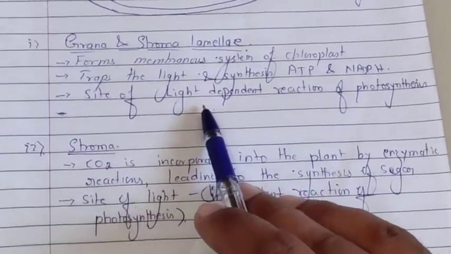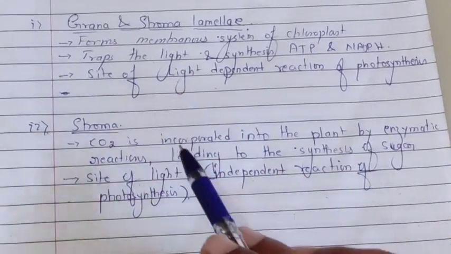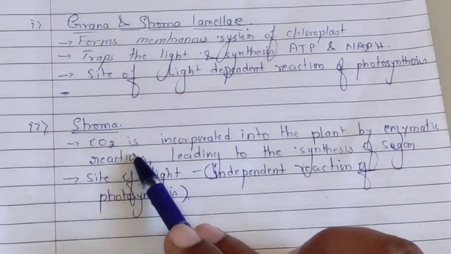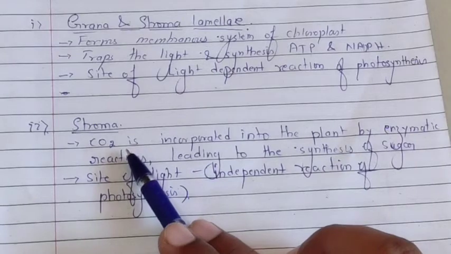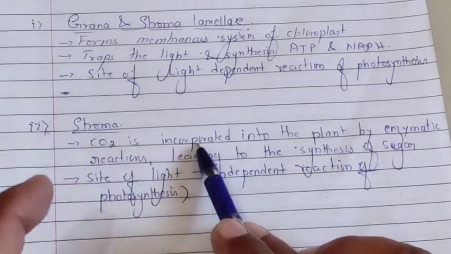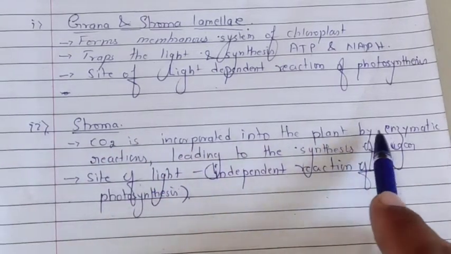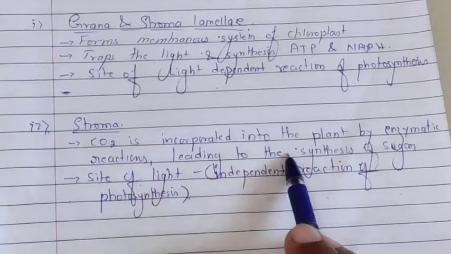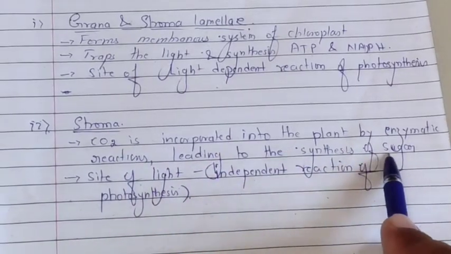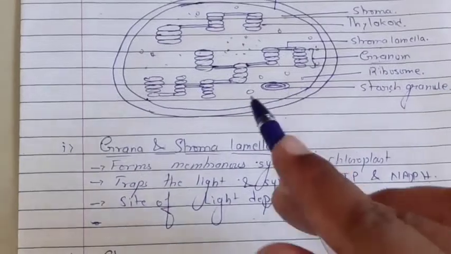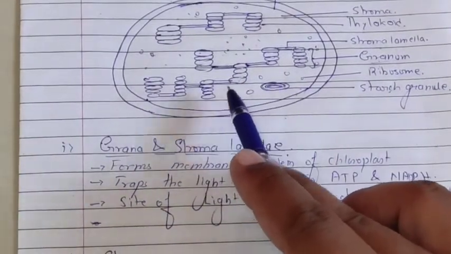Moving to the next part, that is the stroma. The stroma is the region where carbon dioxide is fixed or incorporated into the plant by enzymatic reactions, leading to the synthesis of sugar. So the sugar is actually produced here in the stroma.